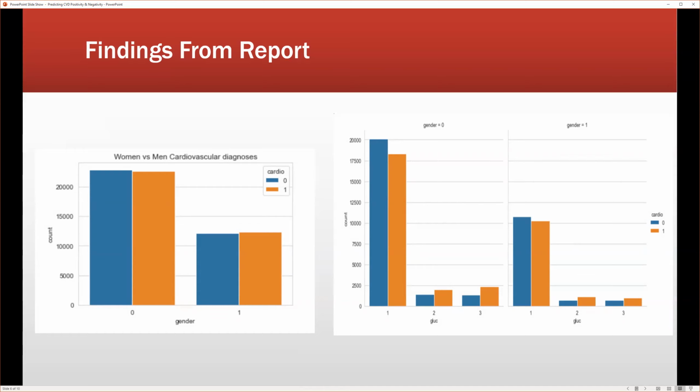For 2 and 3, they're barely cracking over 2,500 for men and women. But again, the women's graph does show a significant increase over the man's graph, which is a little concerning and could lead to more investigation as to why women actually have higher counts of negative to positive cases of this disease.